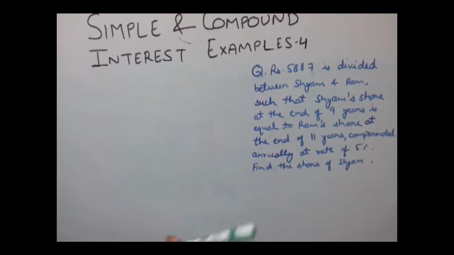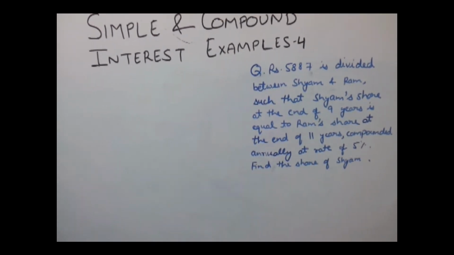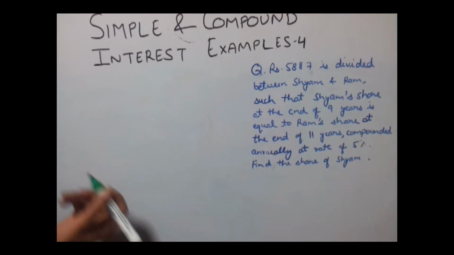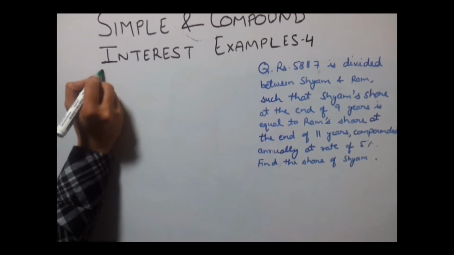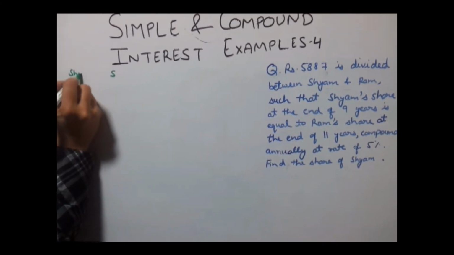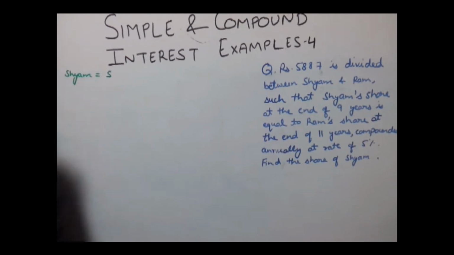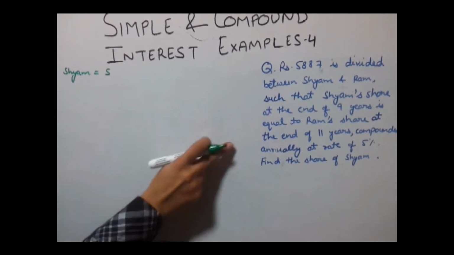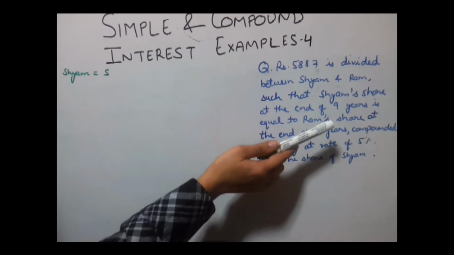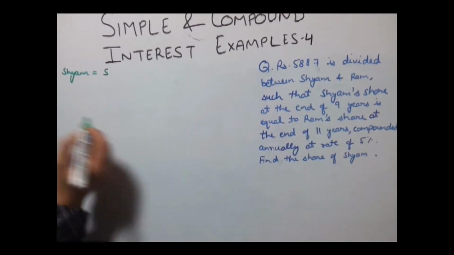Now in this question we need to find out the share of Shyam. So let's suppose the share of Shyam is represented by S. Now it is given what Shyam will get at the end of 9 years.